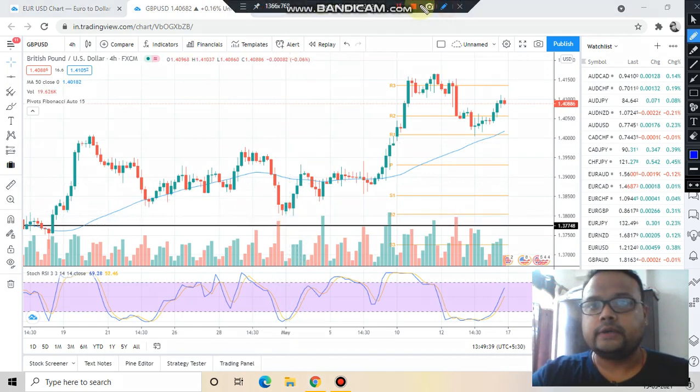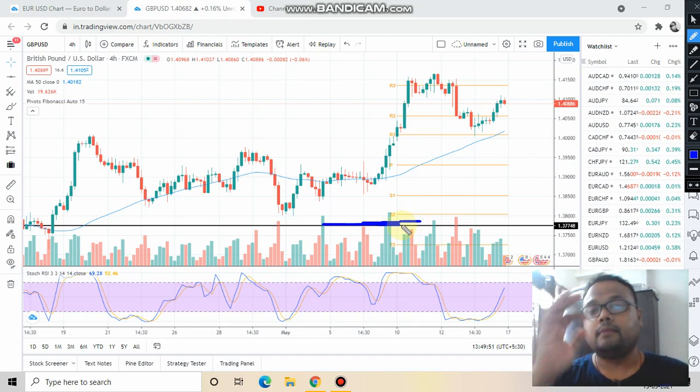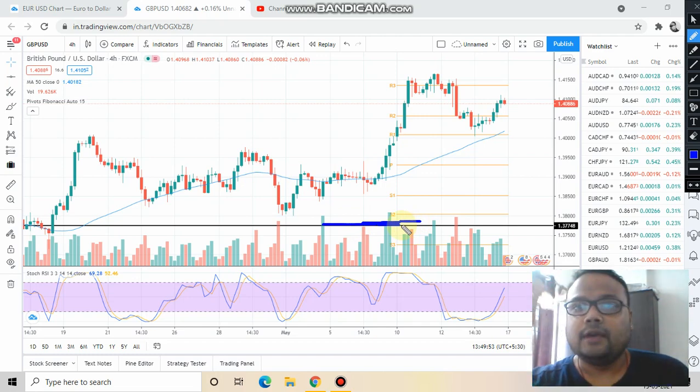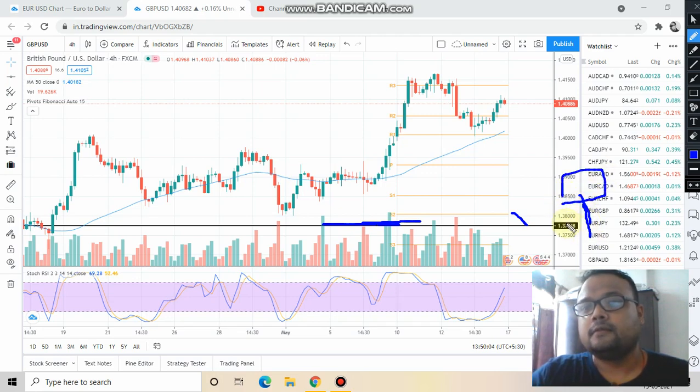In case you get to this price level after some days, then this is a very good buying opportunity, because market has got good support at this level. But do remember, confirmation is always important. Confirmation can be in the form of price rejection from below, or a hammer pattern like this, or a green bullish candle like this.